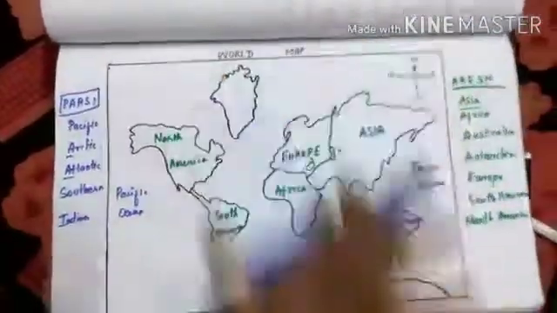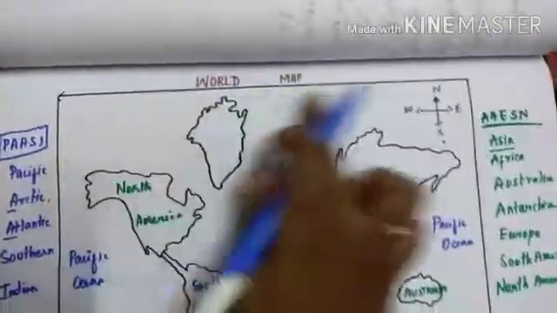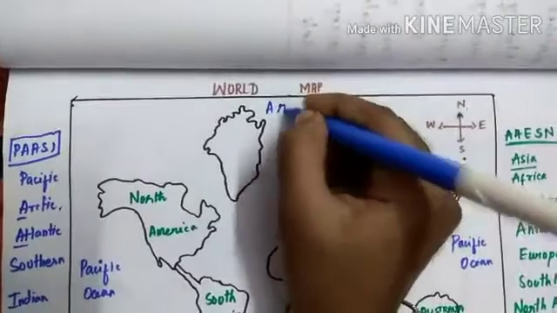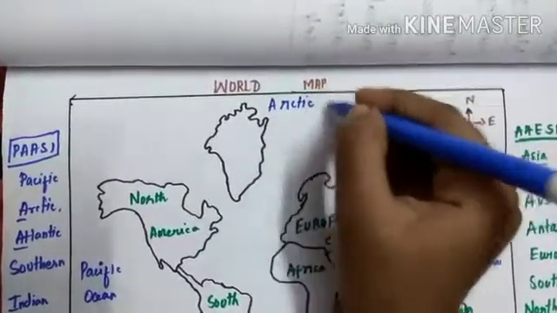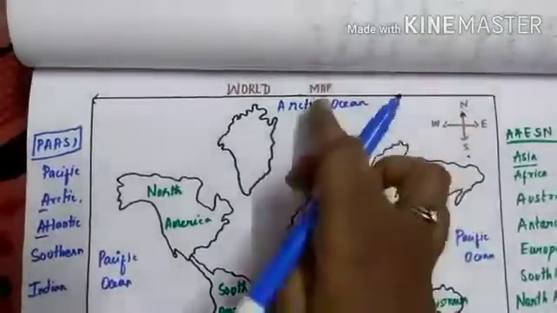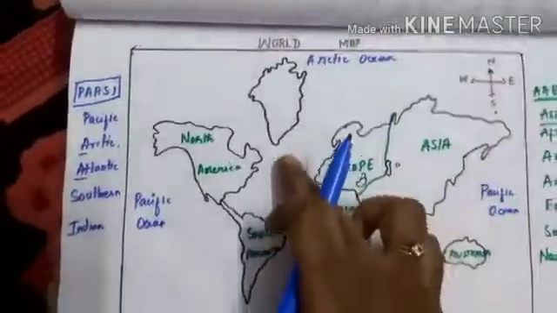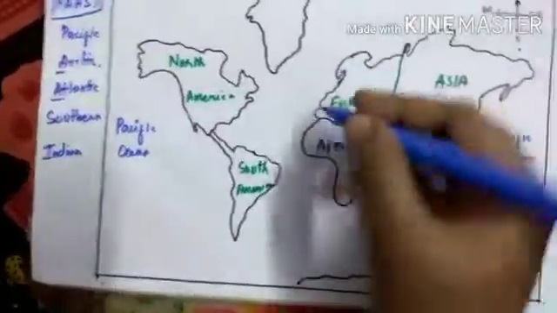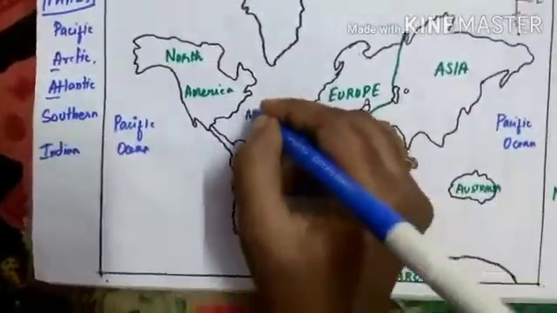Come from the top, and this top area is called Arctic Ocean. Come down, and this part is called Atlantic Ocean.